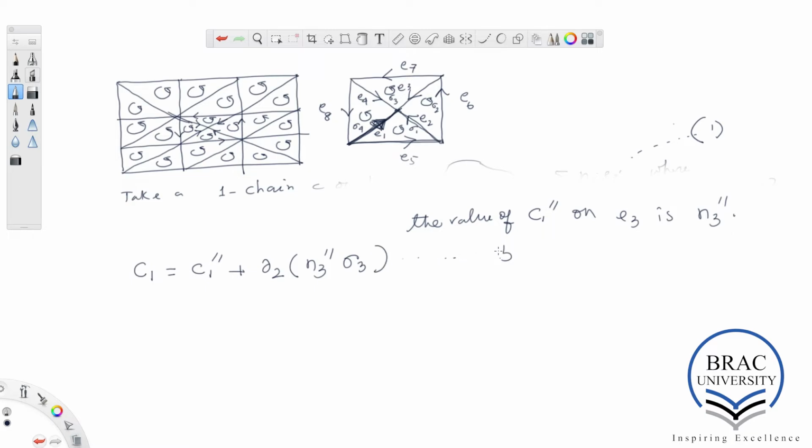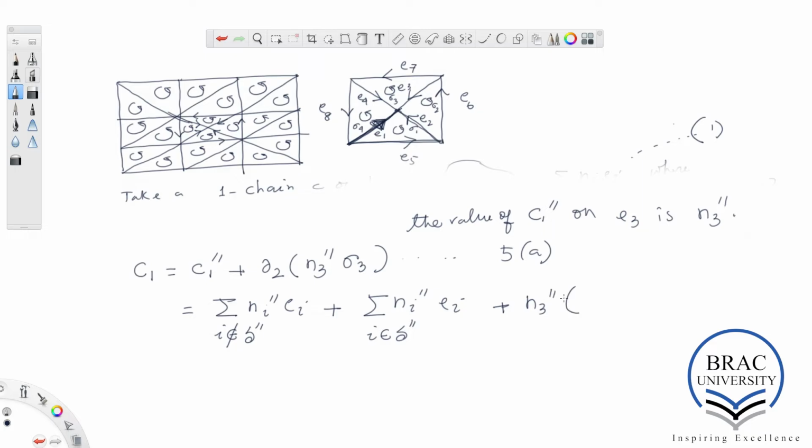This is our equation number 5a, and from which you see that I just plug in the expression of C1 double prime that we found earlier. Sum of Ni double prime Ei for all I not belonging to S double prime, plus sum of Ni double prime Ei where I belongs to S double prime, plus N3 double prime.